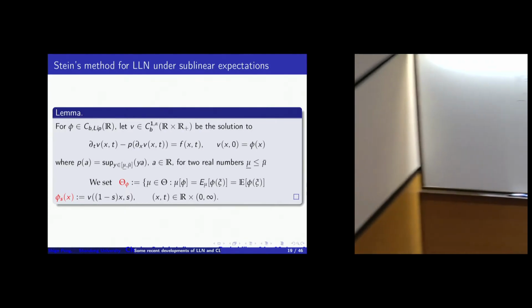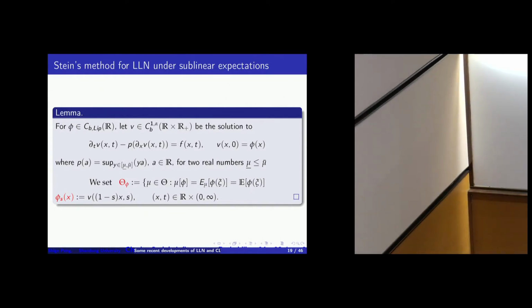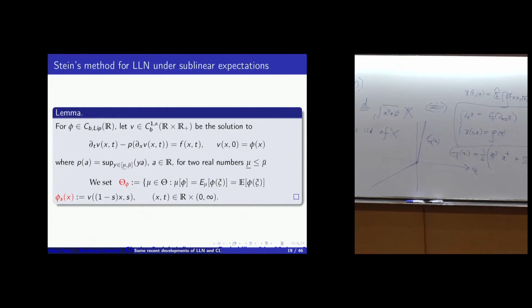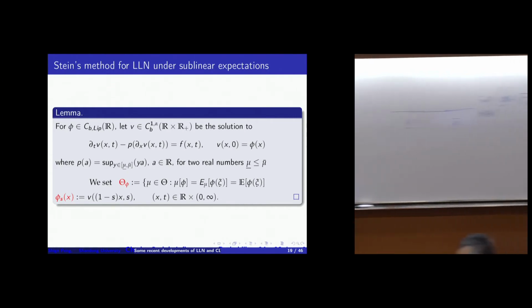Theta phi is what? If phi is given, and I calculate this, and then if I can find a mu which attains the maximum, then I write theta phi, which is the subset of distributions which attain the maximum.